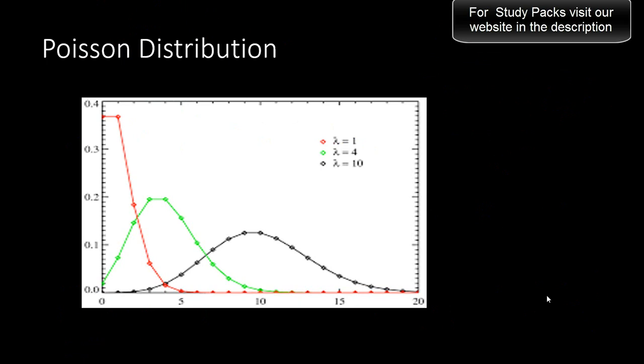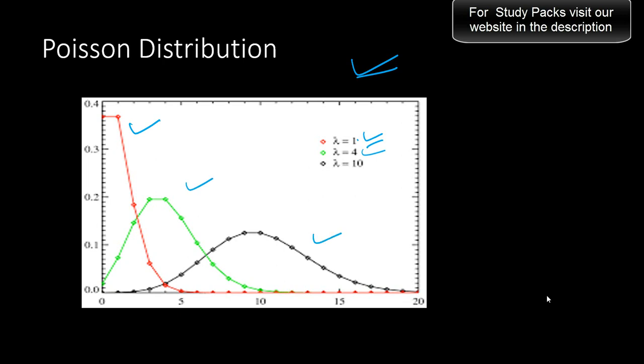Okay, here is the graphical view of the probability mass function, and you can see as you increase lambda, so lambda can be 0, 1, and so on. For lambda equal to 1, we have this red one, lambda equal to 4, this green one, and lambda equal to 10 is the blue one.